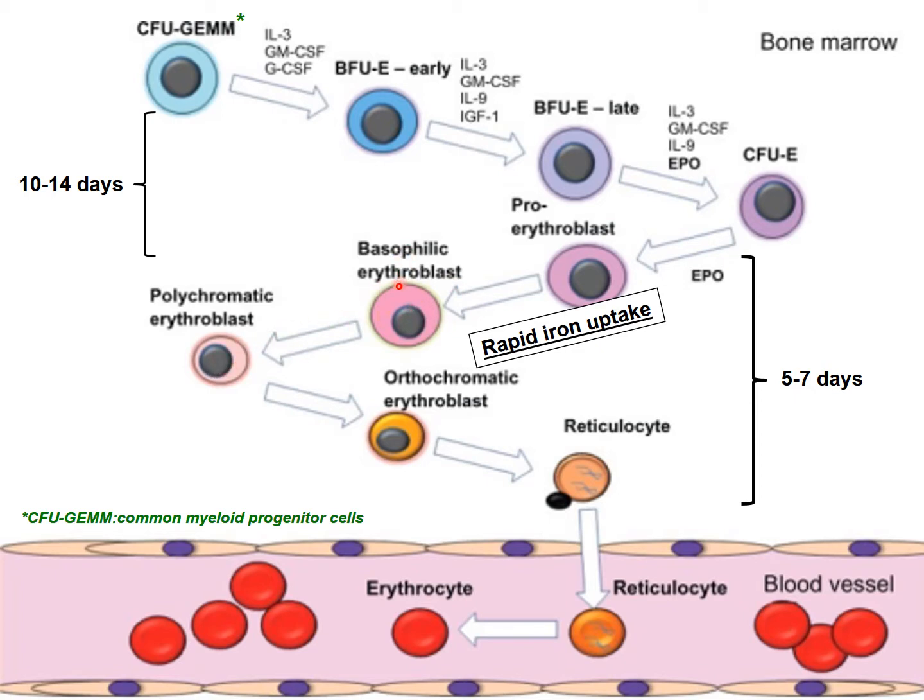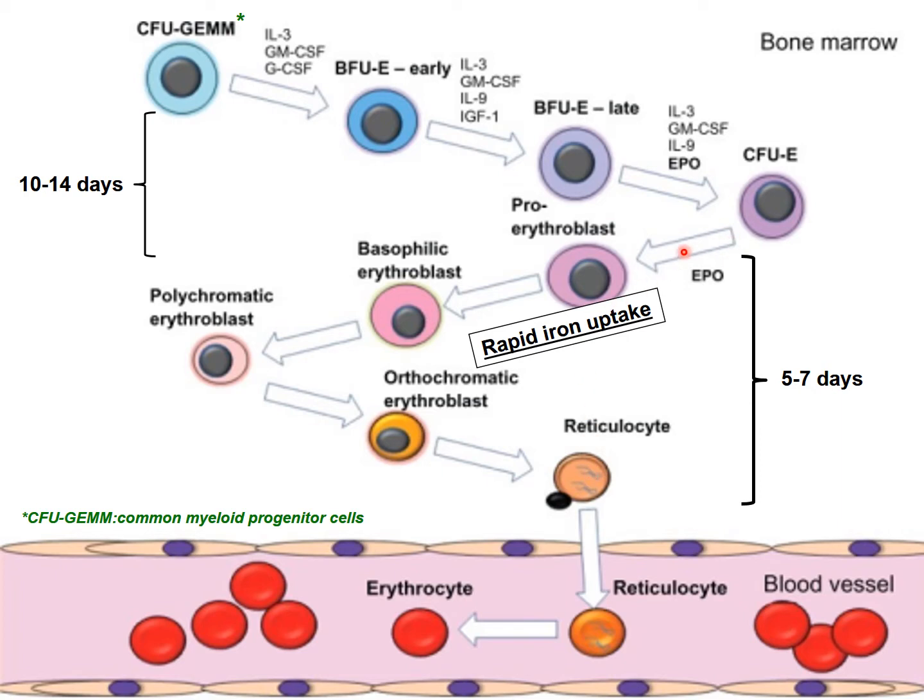So the basophilic erythroblast or normoblast, polychromatophilic erythroblast or normoblast, orthochromatophilic, and after that the cell loses the nucleus by karyorrhexis, the nucleus is expelled from the cell, and reticulocytes are formed.